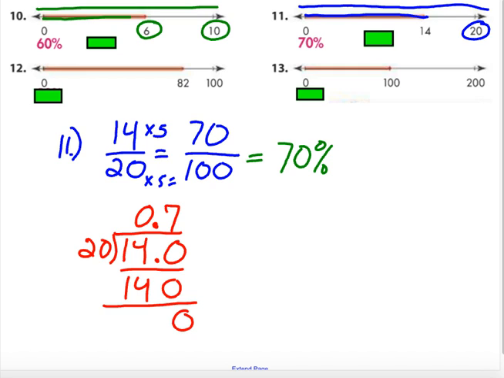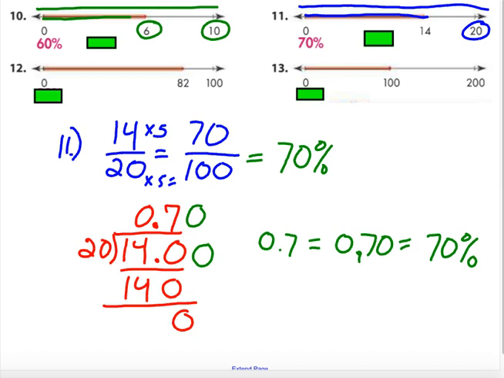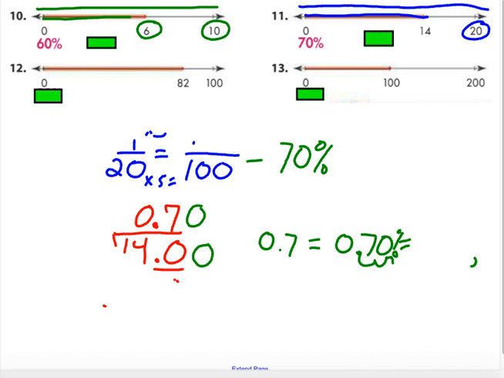Subtract and you have 0. And so remember that we have to base them on hundredths. So we add another 0 to get an equivalent. So in other words, this is equivalent to this, which then can be turned into this, because you just move your decimal point over 2 places and make the percent sign.